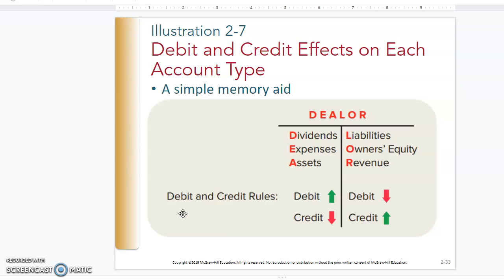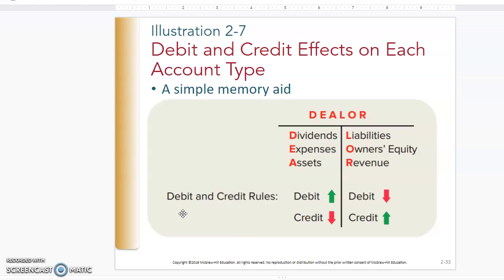I generally suggest that assets are the easiest and cash is the easiest asset. So in your transaction, if cash is involved, say company receives cash for common stock, cash is an asset.